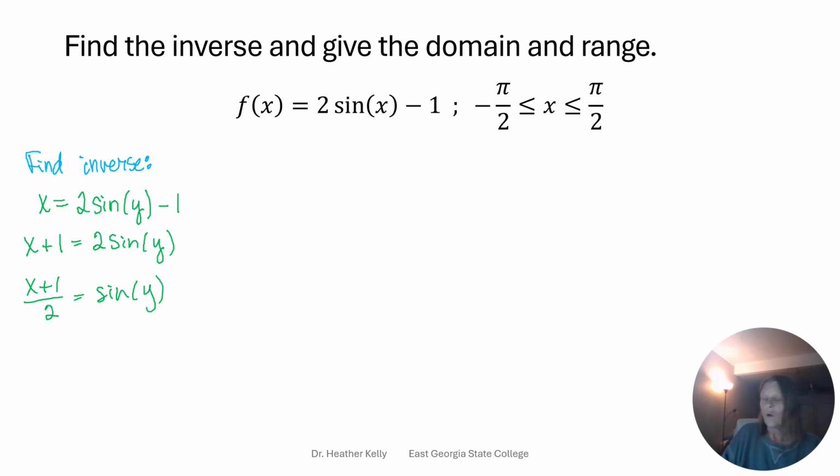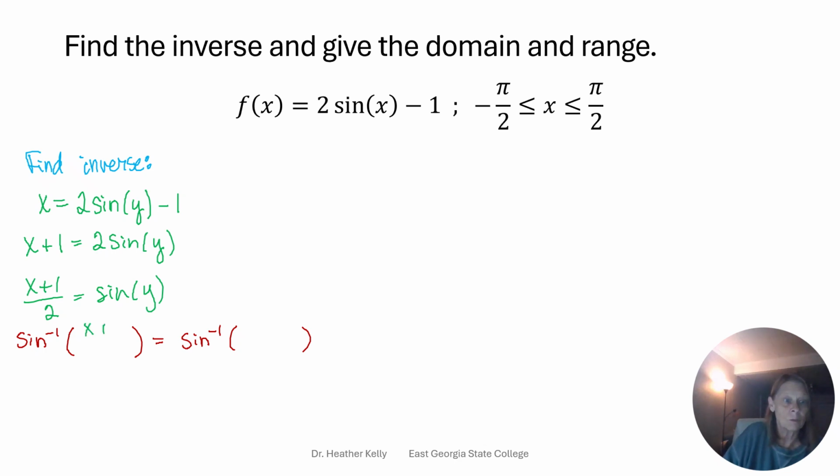Now, we need to get it to just say y, right? So what undoes the sine is sine inverse. So we're going to take the sine inverse of both sides. So I'm going to say arc sine of this side is equal to the arc sine of this side. Let me just stick everything in here.